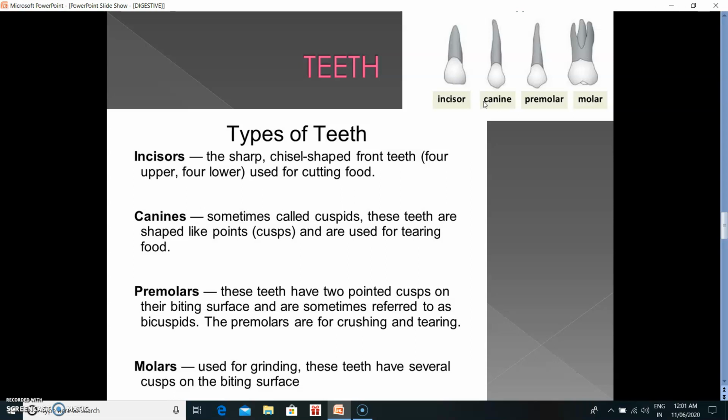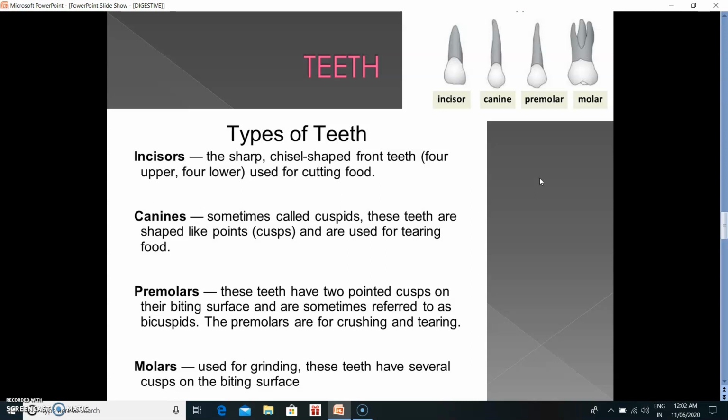Okay? Now comes your canines. Canines are tearing teeth. That means they tear down the food, like when you eat flesh. Next come your premolars. Premolars are for biting, crushing and grinding the food. They are situated at the back of the canines.